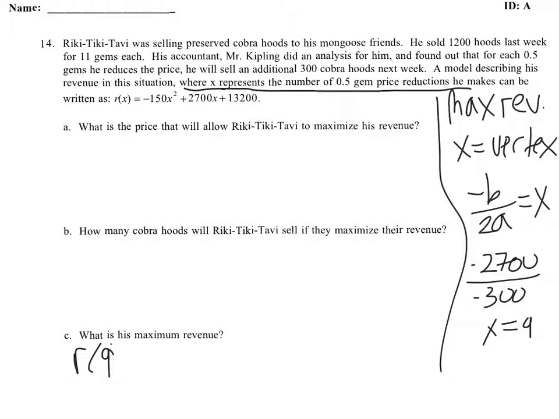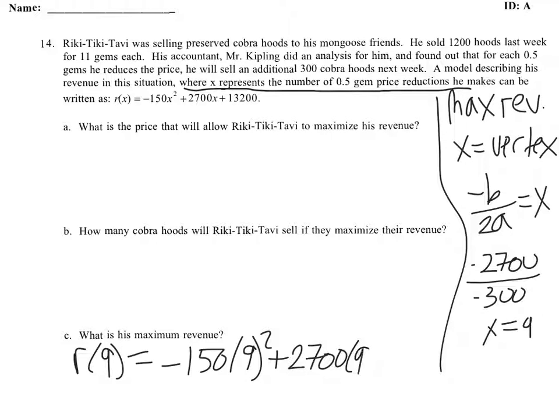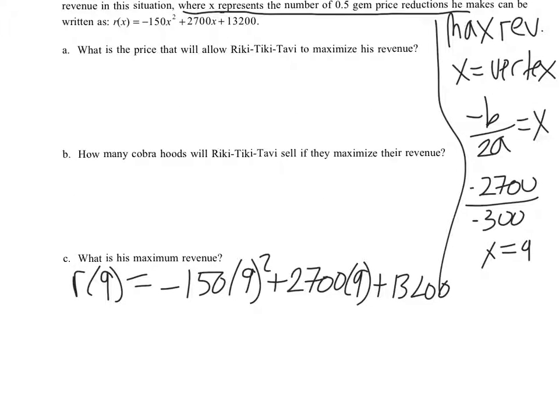So r of 9 is negative 150 times 9 squared plus 2,700 times 9 plus 13,200. Okay, negative 150 times 81, I don't even know. Which might be nice if I actually had something open that would let me do a calculator thing, like Google or Desmos.